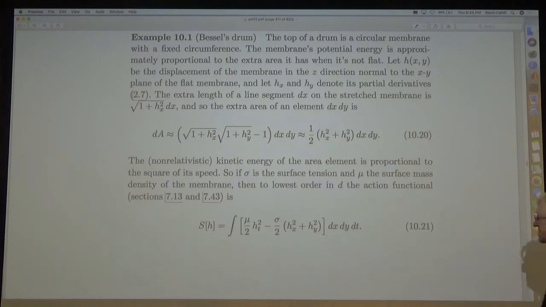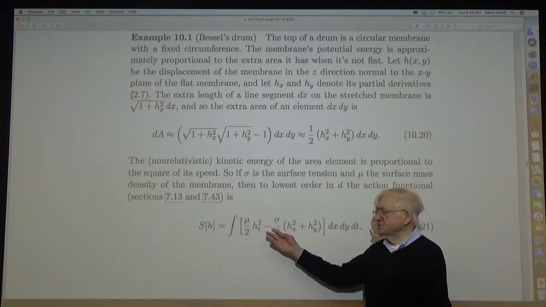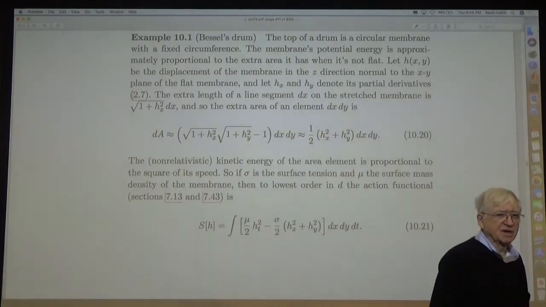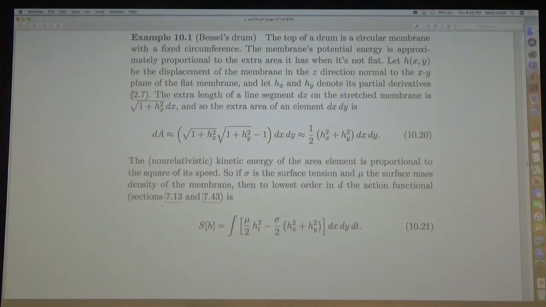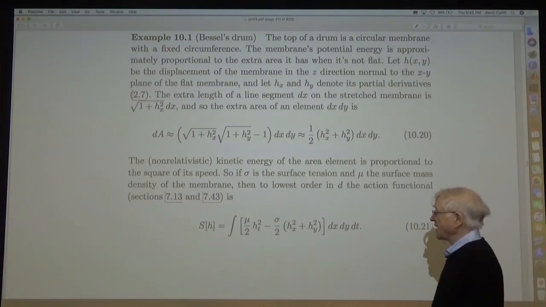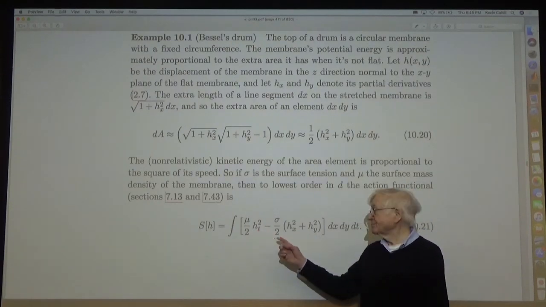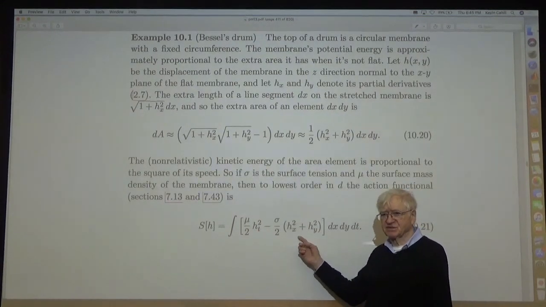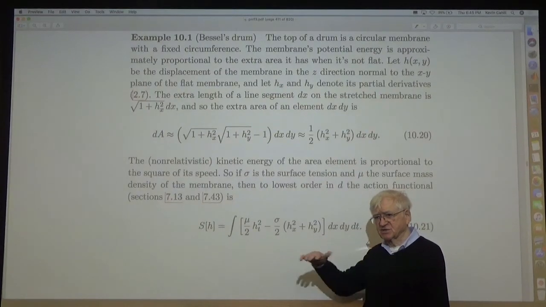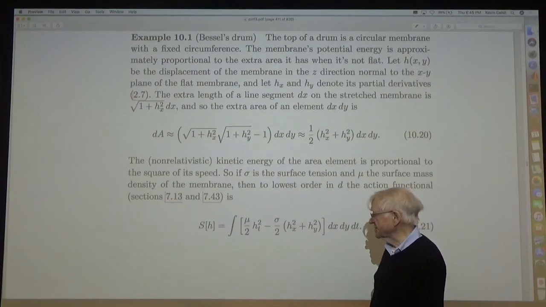By the way, this is really quite an interesting expression if you compare it with the wave operators in quantum field theory or classical field theory. In other words, you have d by dt squared minus the Laplacian. This is just a two-dimensional Laplacian because we're just talking about a two-dimensional surface.